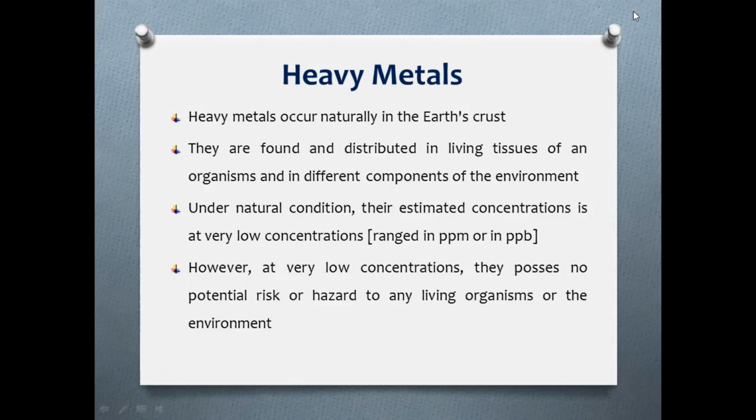However, under natural condition, the concentration or level is estimated to be very low or insignificant, with values ranging in part per million or in part per billion. Therefore, at such a low level or concentration, the heavy metals have no significant health impact or pose no potential health risk to any living organisms or the environment.